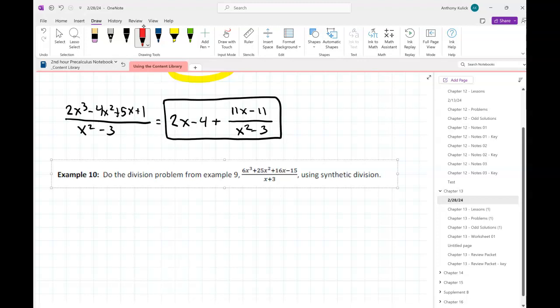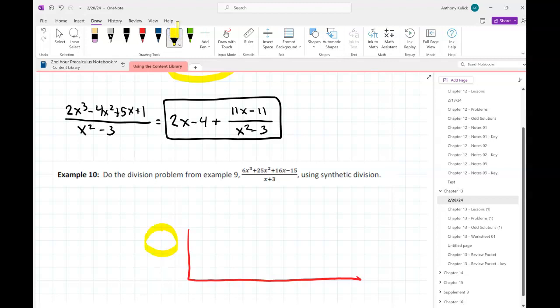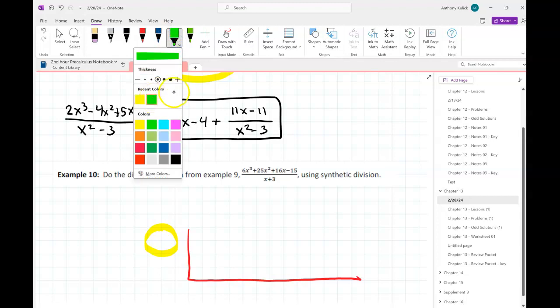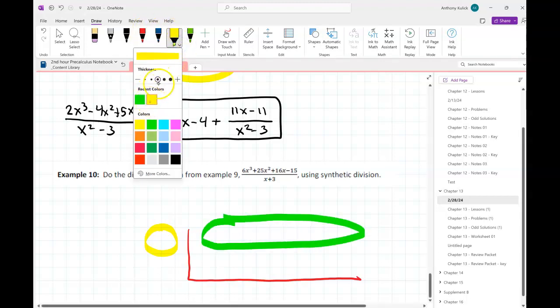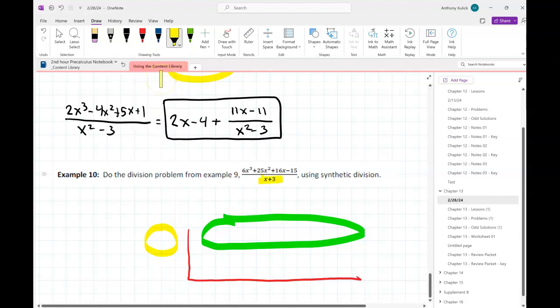Okay. So our setup for synthetic division is we draw our synthetic division bar that looks like this. We need a number that goes out here, and then we need some numbers that go in here. Let me pick a different color. To get that number on the outside, we take the divisor.